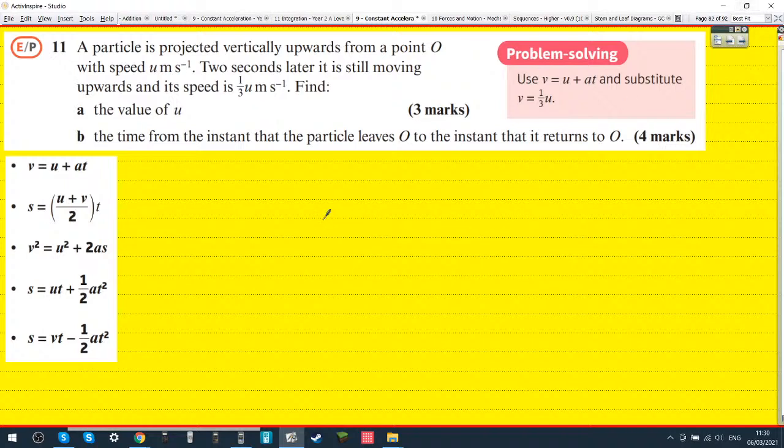Okay, so we're getting into pure algebra. How about this one?